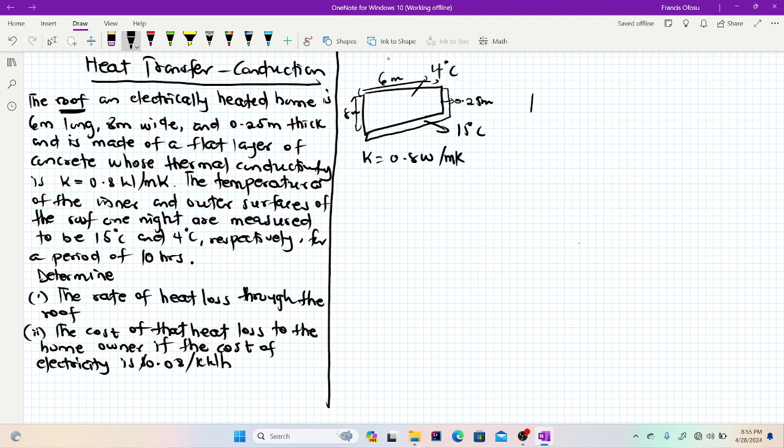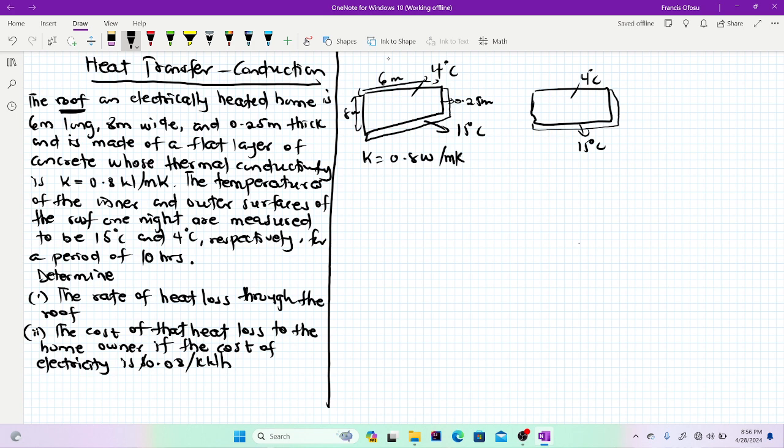Because we have our roof, and it's a solid, it has a thickness, right? The inner is 15 degrees Celsius, and the outer is 4 degrees Celsius. Even for a very short time, heat will be transferred from the hotter side to the colder side so that thermal equilibrium can be established.